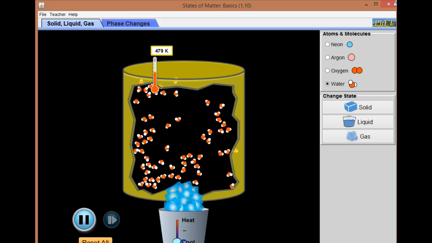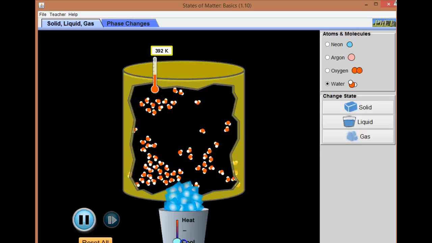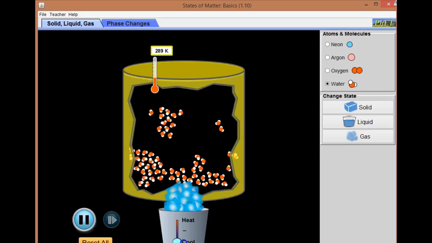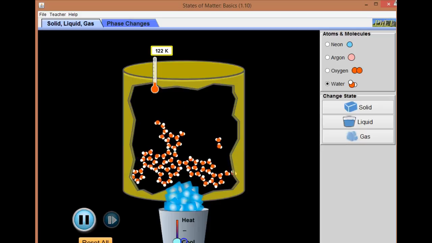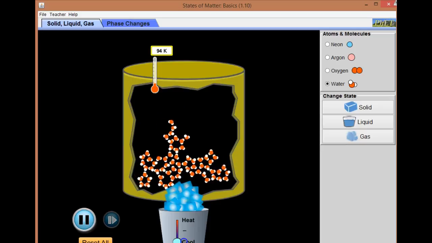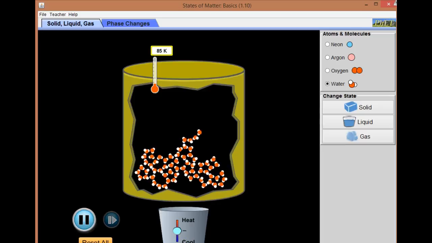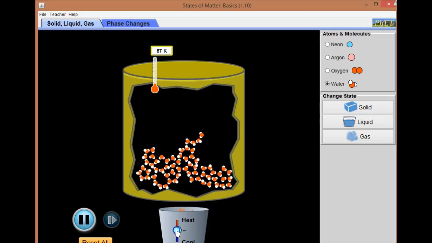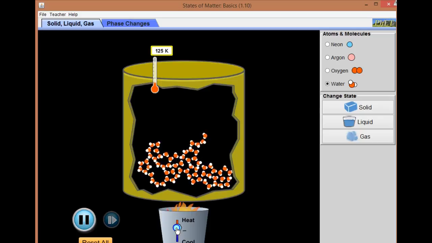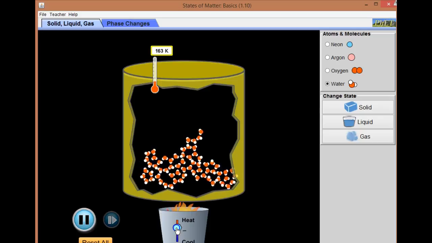So let's pull this down so they get back into the liquid state here. All right. So right here, the particles are only vibrating. When we add heat and they start going into a liquid phase, they gain a new type of motion.